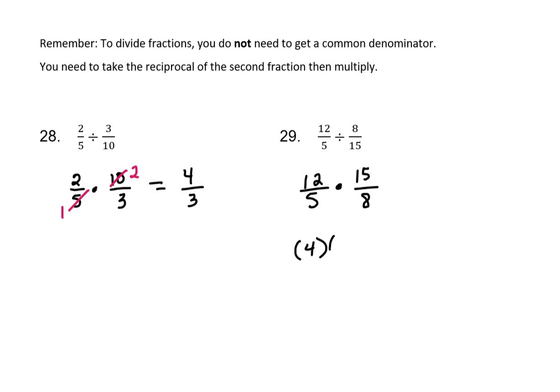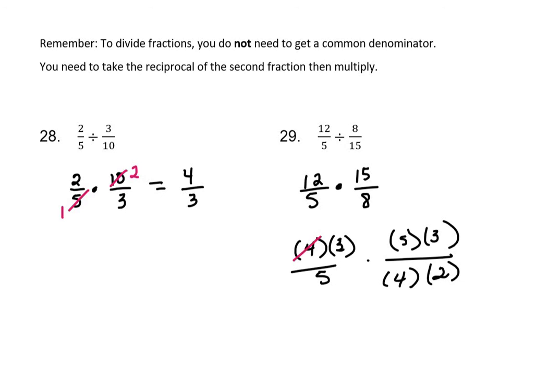So I'm going to rewrite these numbers so I can cancel stuff out. And so from here you can see I can cancel the 4's, I can cancel the 5's, and then I multiply my numerator straight across. I get 9, multiply my denominator straight across, I get 2.